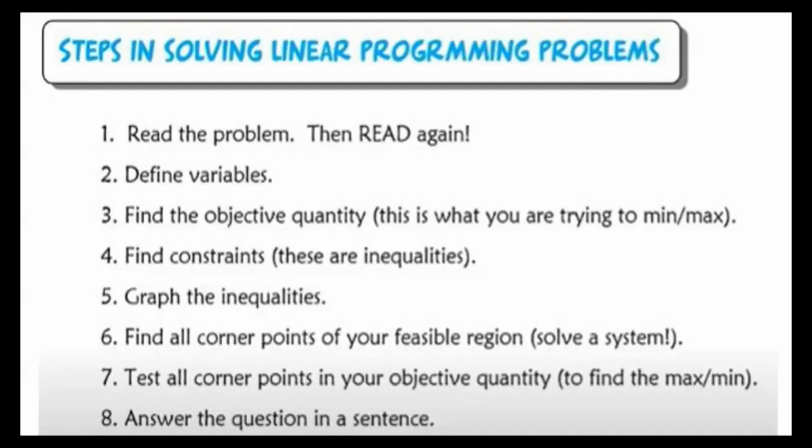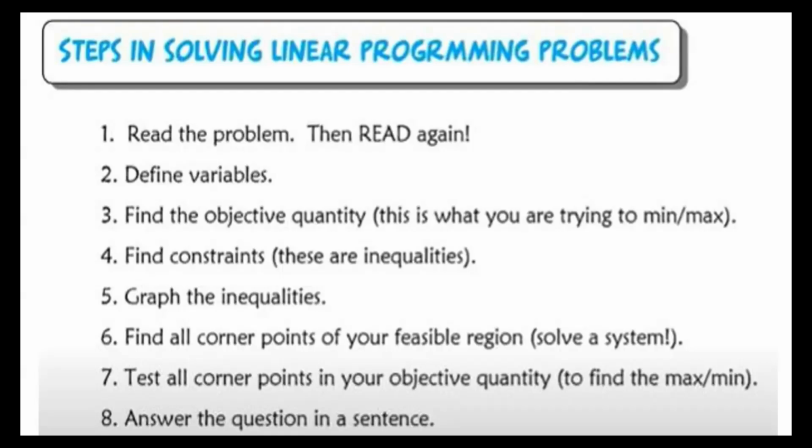And then they say find the objective quantity. Because oftentimes your objective is going to be maybe maximizing profit or minimizing cost, that sort of thing. Always either trying to maximize something or minimize something.